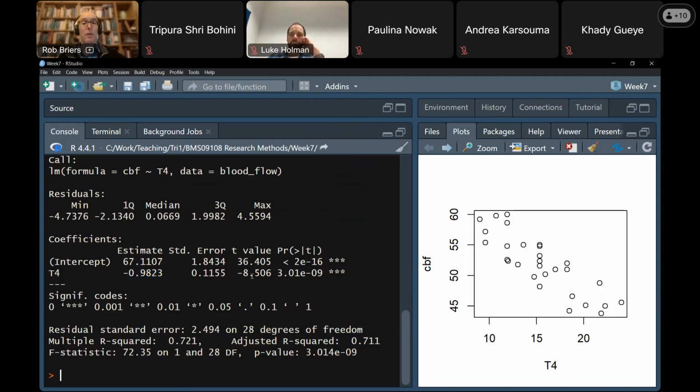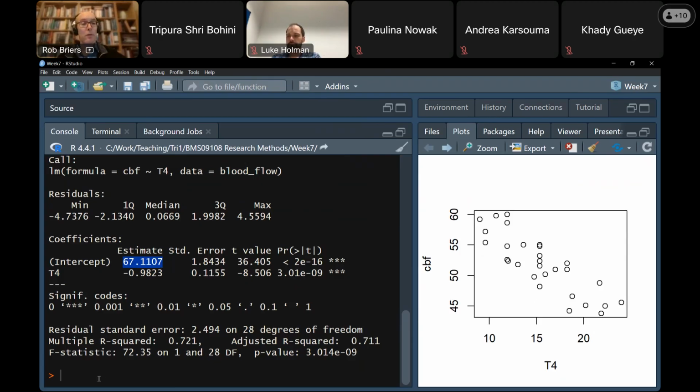for that predictor relationship. This one here tells you the slope, i.e. how fast does this decrease from left to right, or increase, but in this case it's a decrease. And this one is the intercept. So that tells you that basically at a value of 0 on the T4, where would that line cross the cerebral blood flow axis? So here we've only got it between 10 and 20.